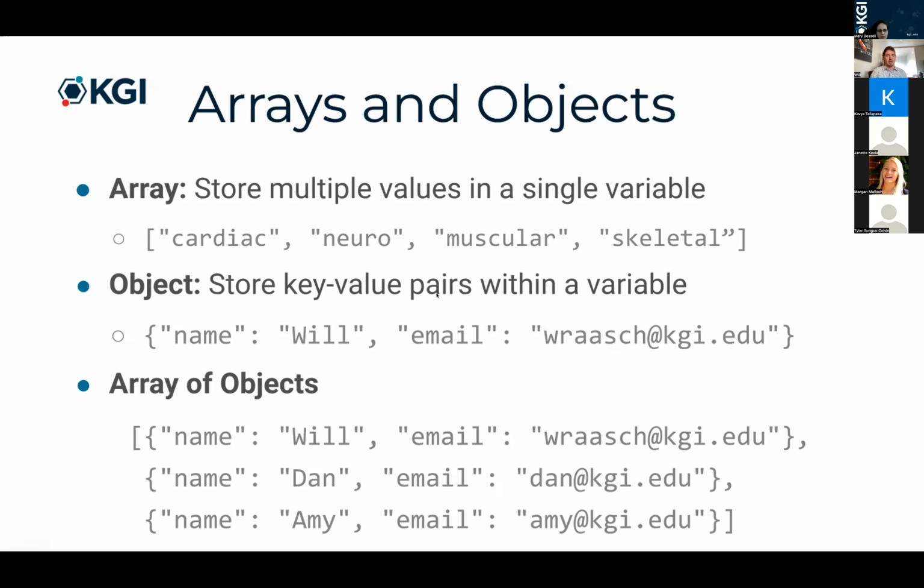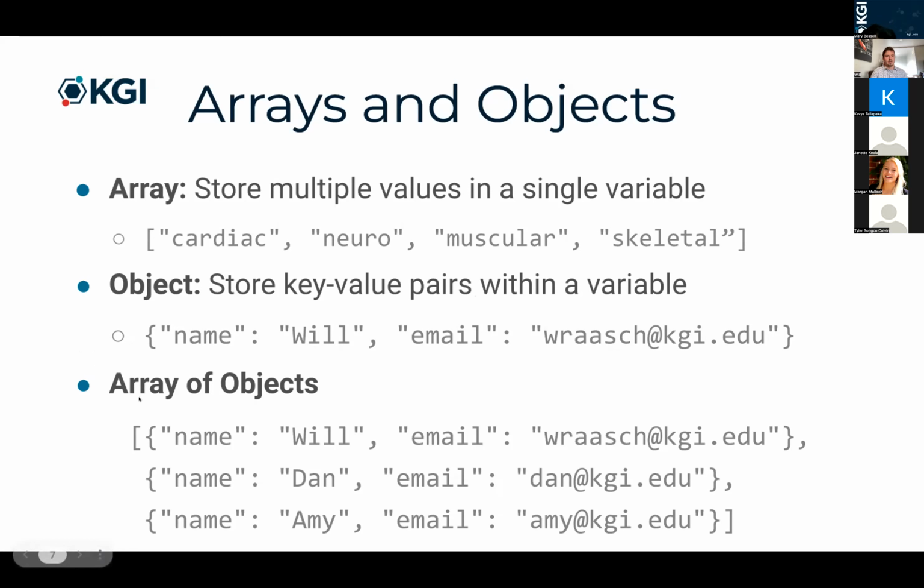Or I could recall the email key within Will's info and it will return wrosh@kgi.edu.